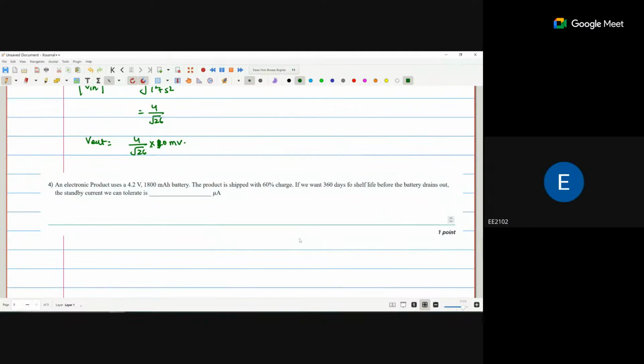Okay. Now, an electronics product uses an 1800 battery. The product is shipped with 60% charge. So the capacity is 1800 times 60%, that is 1080 milliampere hour.